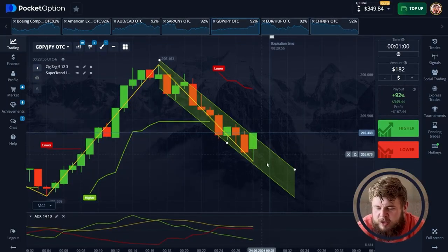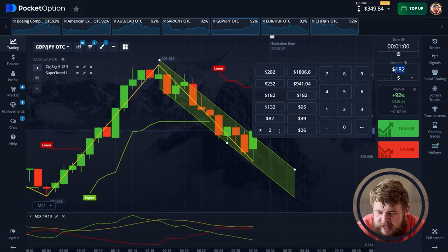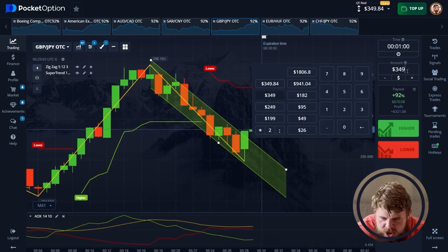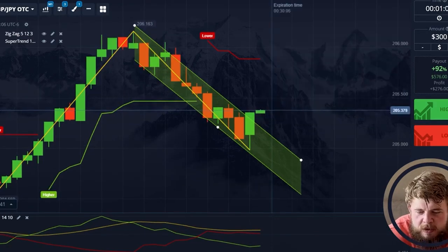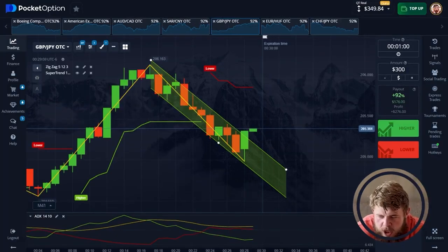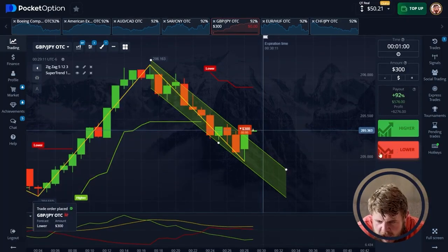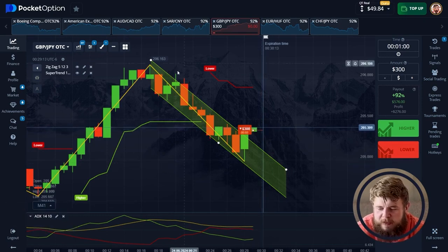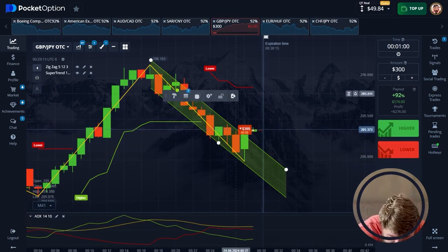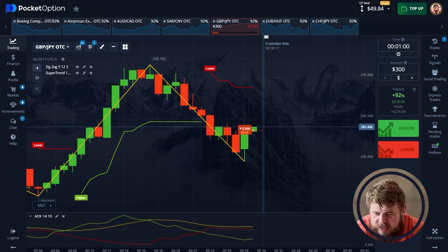Well, I have already drawn for you the descending channel, and you can clearly see that we have already hit the upper edge of the channel, and we need to open sell position right now, investing our 300 bucks. Let's open sell position, because we need to have the pullback reaction from the upper edge of the descending channel.